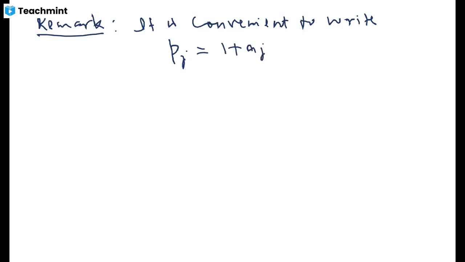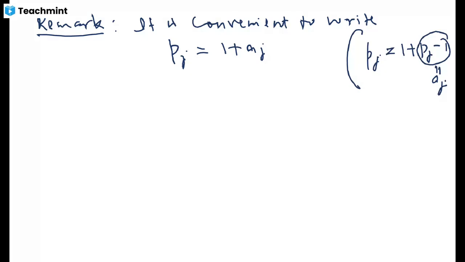I can write any number as pj equals 1 plus some other number. That's not an easy way, but the simplest way to do it is that you just write pj equals 1 plus (pj minus 1). That hardly matters. Then this will work as aj. So this is the way I can put this expression.